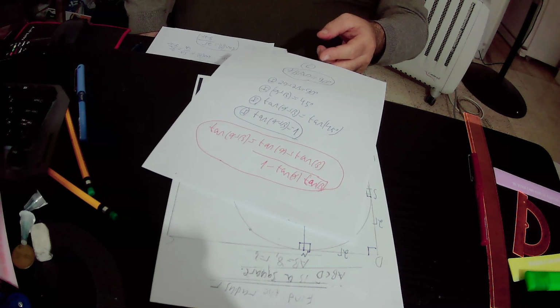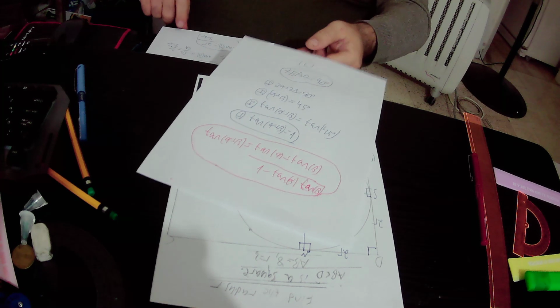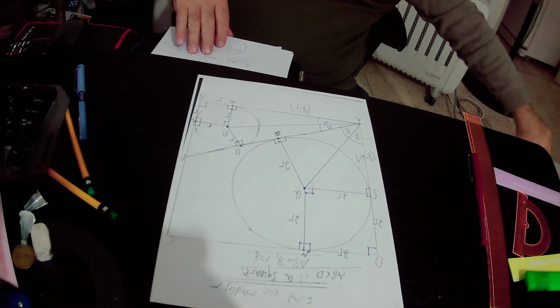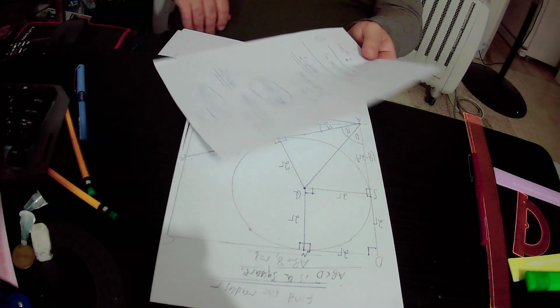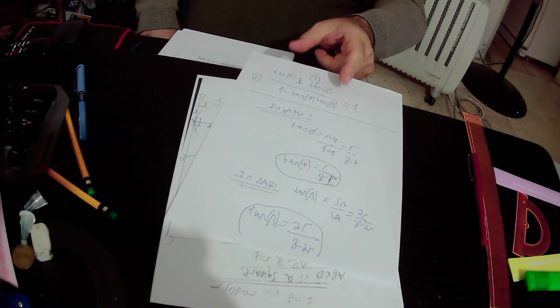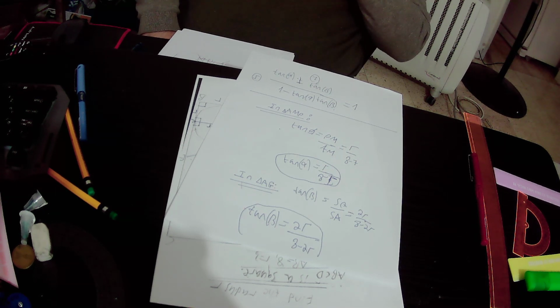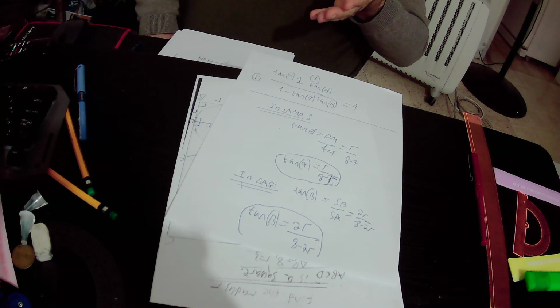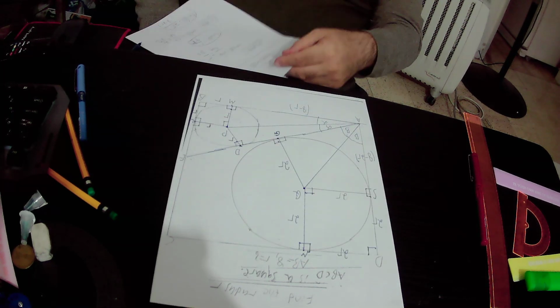So we can substitute tangent of alpha plus beta by this expression. We did it and we got that this expression equals 1. And we calculated the values of tangent alpha and tangent beta according to the drawing.